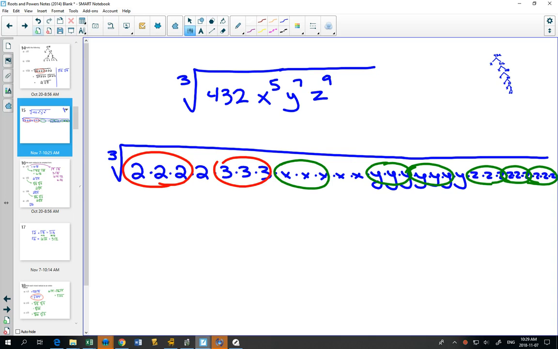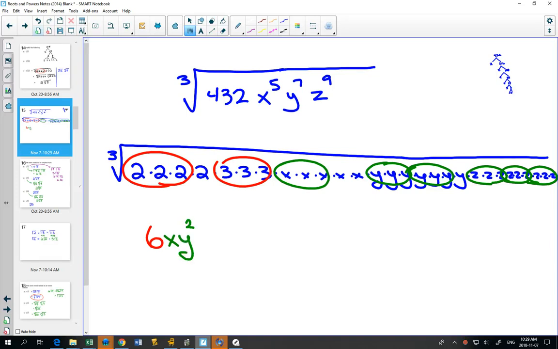So what happens when I pull out a 2 and a 3 in red? What number was going to be in front? 6. Okay. I go to my variables now. How many x's do I get to pull out? Just 1. How many y's do I pull out? 2 of them. Do I write that as 2y?